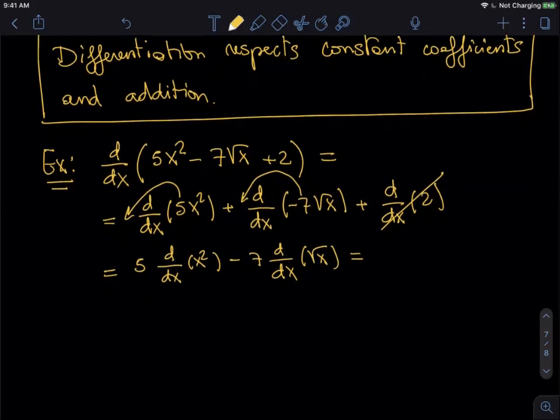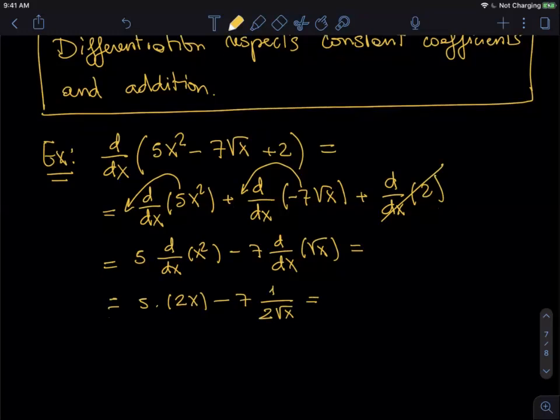So this is 5 times 2x minus 7, and then this is 1 divided by 2 square root of x, because we just computed it. So this is 10x minus 7 divided by 2 square root of x. And this is the final result.